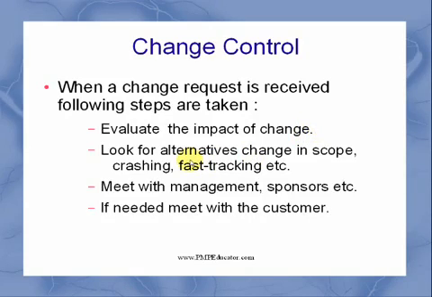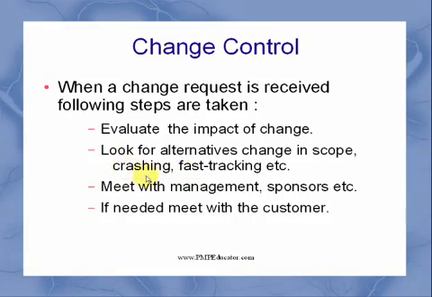And then you have to look for alternatives: whether you have to increase the scope or decrease the scope, or you have to do crashing or fast tracking. These are the terminologies which we will cover in the project time management knowledge area.